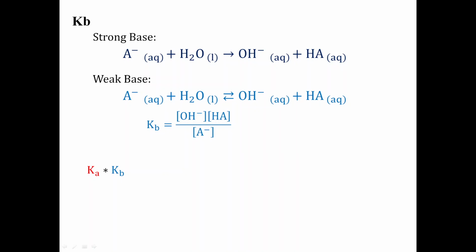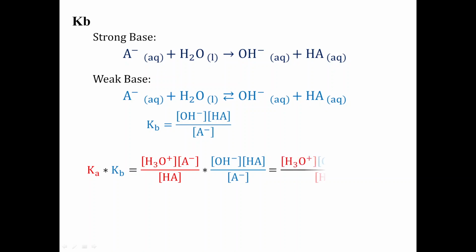There's a little relation we can have between Ka and Kb. Let's say we have Ka times Kb. We can plug in products over reactants for each, multiply those out, and we'll notice that the concentration of acid is both on top and bottom, so we can cancel that out. The concentration of base also cancels with the concentration of base.